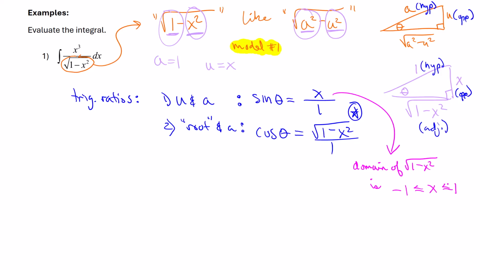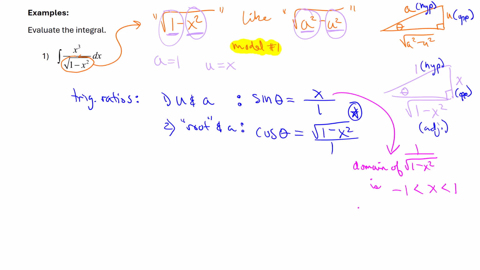However, since this root expression is in a denominator, it couldn't even be equal to. So it has to be greater than -1, but less than 1. Equal to is generally okay for the root, but you can't divide by 0, so that wouldn't work. So we know that the domain of this expression, really it's 1 over the square root of 1 minus x squared, is strictly from -1 to +1 for x.